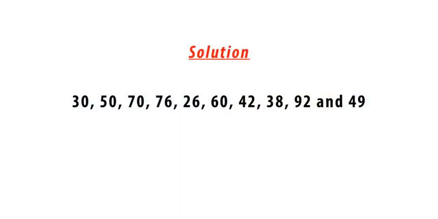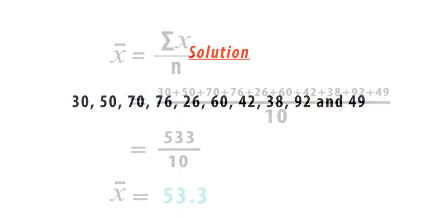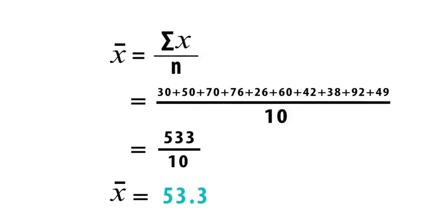You have the data 30, 50, 70, 76, 26, 60, 42, 38, 92, and 49. We have to calculate the variance and the standard deviation. Vanessa, are you ready? What do we do first if you have to calculate the variance? First, we sum the given data, which is 30 plus 50 plus 70 plus 76 plus 26 plus 60 plus 42 plus 38 plus 92 plus 49, all over the number given, that's 10.